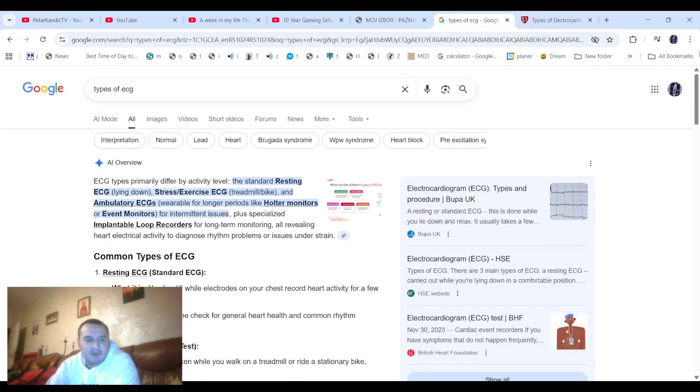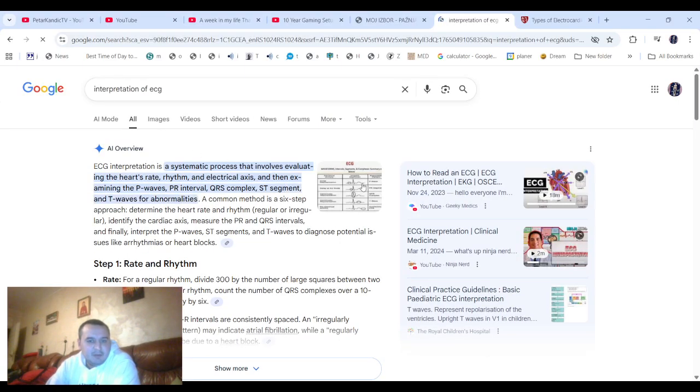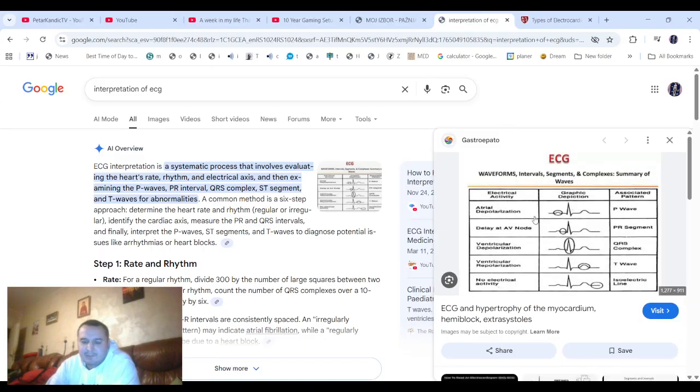Types of EKG. Interpretation. So here we can see a chart where we have the P wave elevated, atrial depolarization, and also here delay at AV node, here PR segment, ventricular depolarization, ventricular repolarization, no electrical activity.